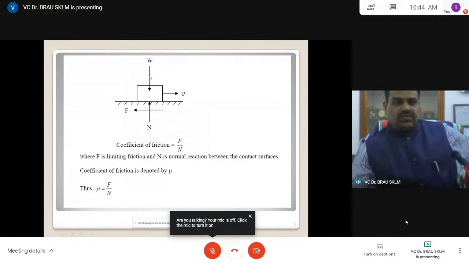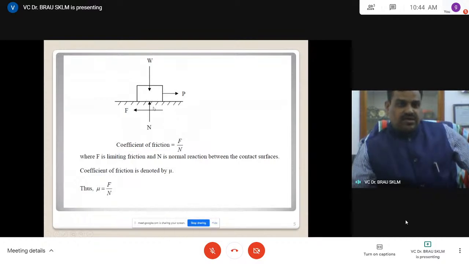These are the external forces, that is the P, and this is the weight of the body W. This is what is called the active force and the reactive force you have to apply. There are four forces active: the reactive force, the active forces, and the frictional force.